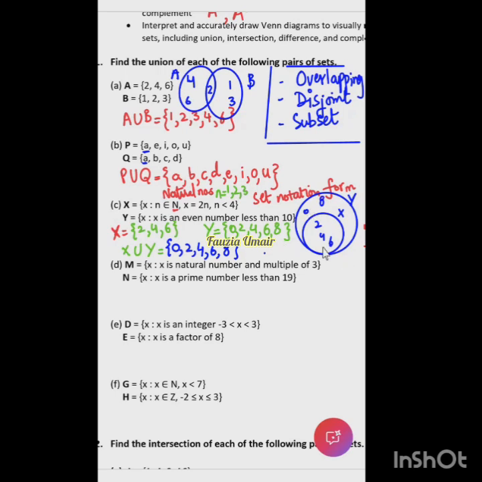So this is a subset formation, right? If we draw the Venn diagram, because all the elements of set X are present in set Y, so set X is basically a subset of Y, right?